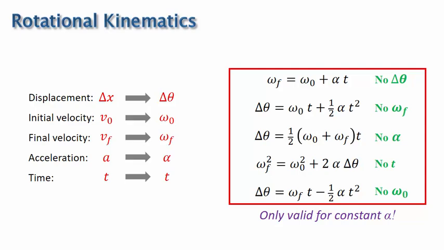Notice one difference between linear kinematics and rotational kinematics is that the linear equations are vector equations, so we apply them in the x and y directions separately. With rotational kinematics, we're just dealing with rotational motion, and so we just have the one set of equations shown here. When we apply rotational kinematics, we will follow essentially the same procedure that we did before with linear kinematics.